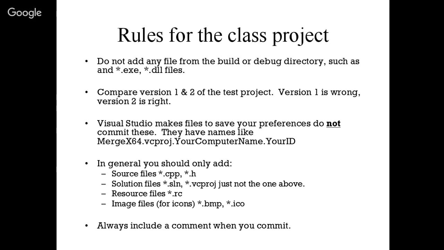You can also integrate SVN with your Visual Studio. But do not commit some files like project files. You can commit CPP files, header files, solution files, resource files, images, etc.